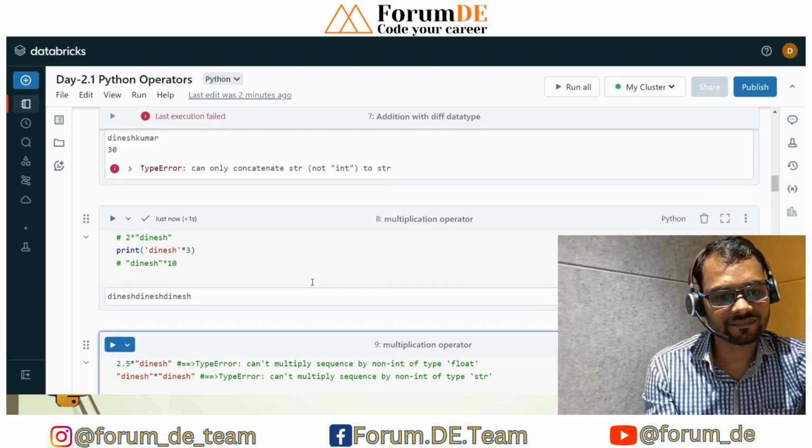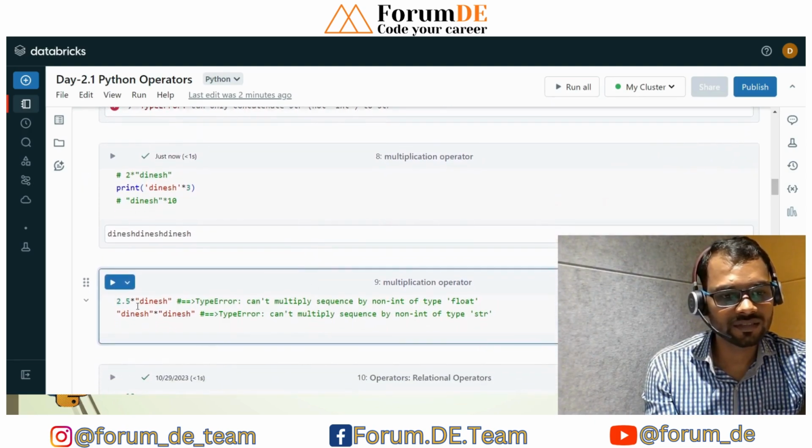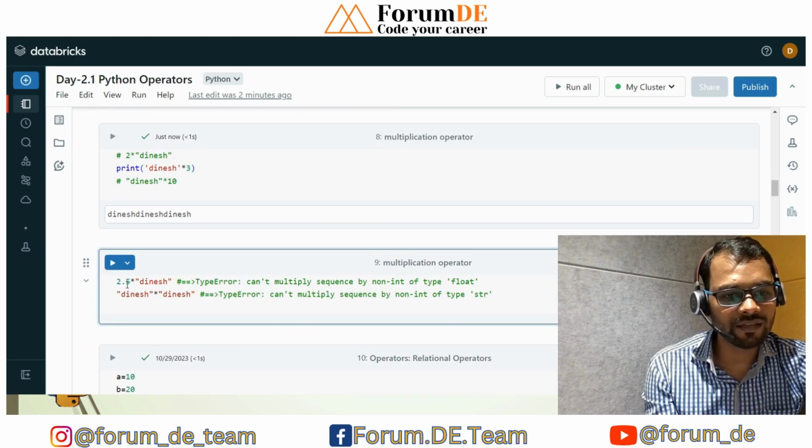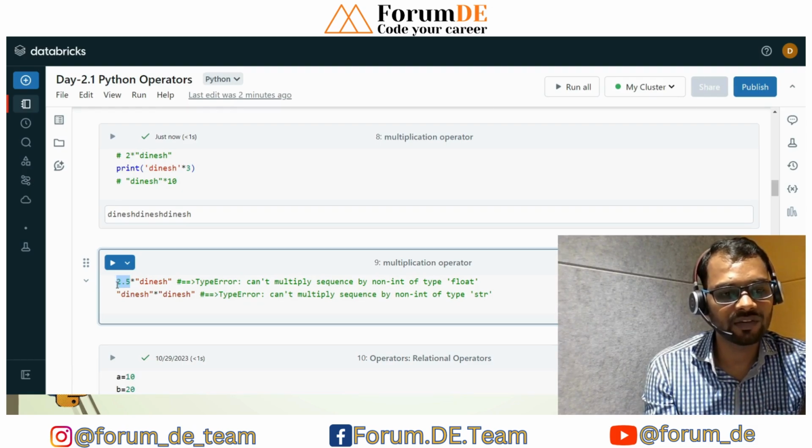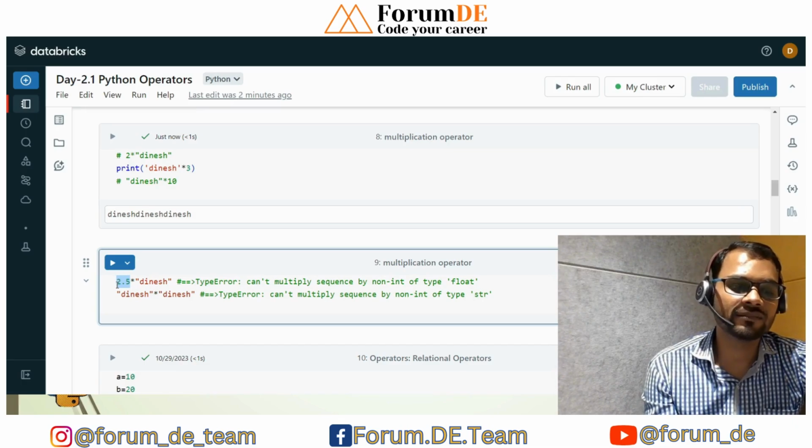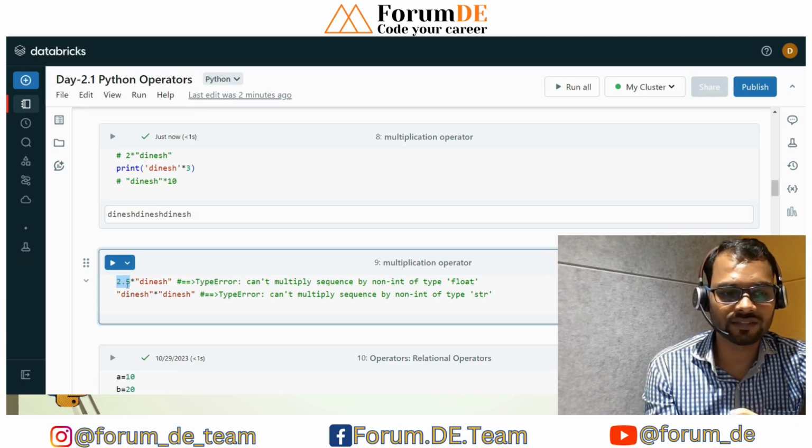Clear? Now coming to the next example, suppose you multiply a string data type with a float number. It will also give you a type error, because repetition can only happen with integer multiplication, not float multiplication. So this is invalid.